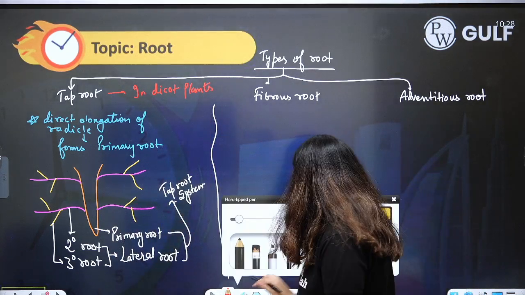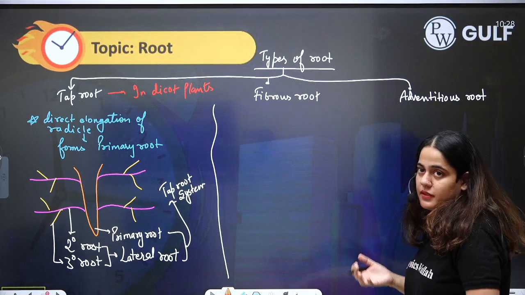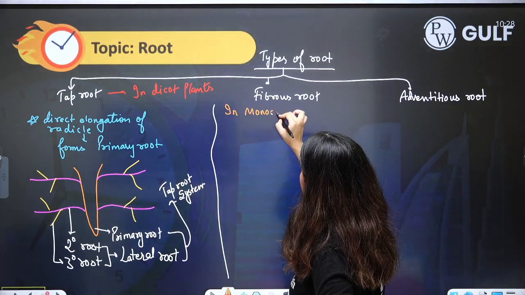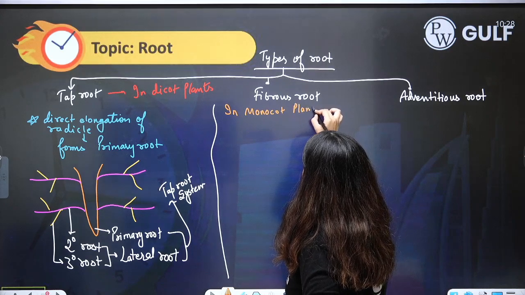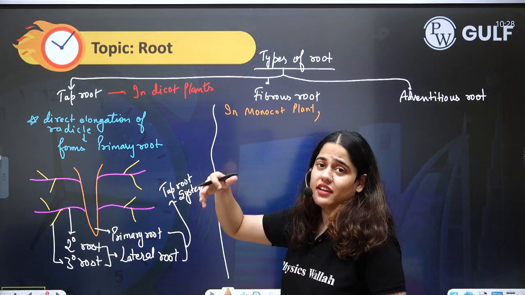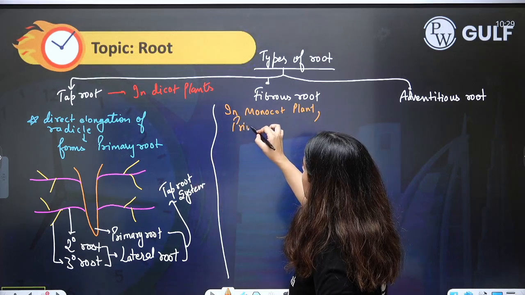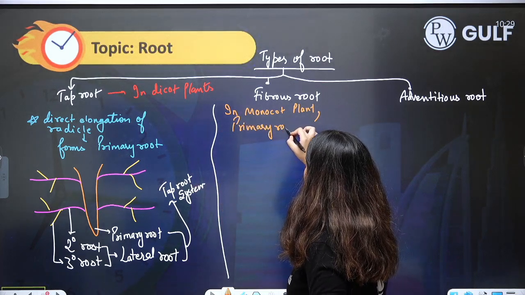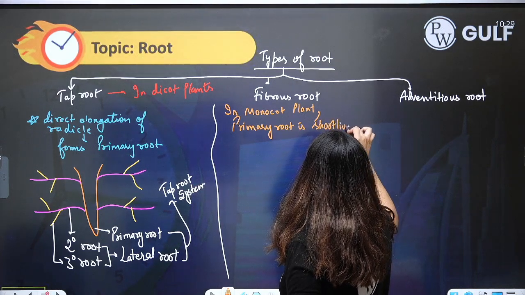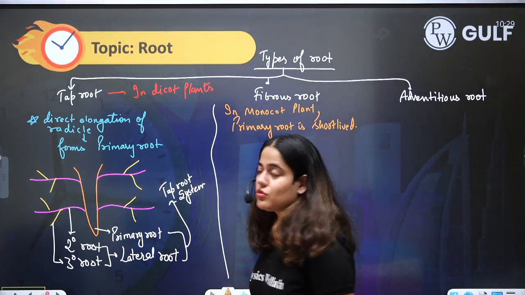Now talking about fibrous root, beta, what happens in monocots? The primary root is short-lived. It will die very soon.